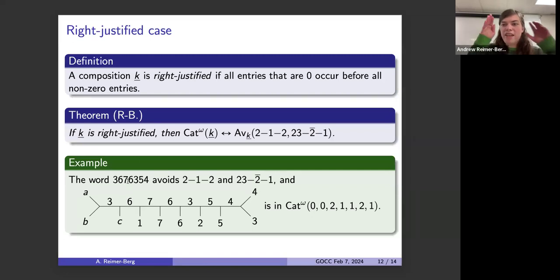The presence of this second 6 prevents us from having a problematic pattern. So this word avoids these 2 patterns. And then the tree, where we give those edge labels and build the leaf labels necessary, is in cat omega of 0, 0, 2, 1, 1, 2, 1.